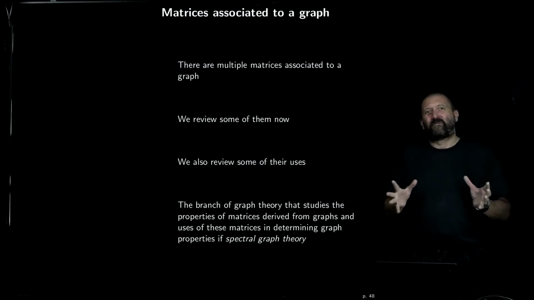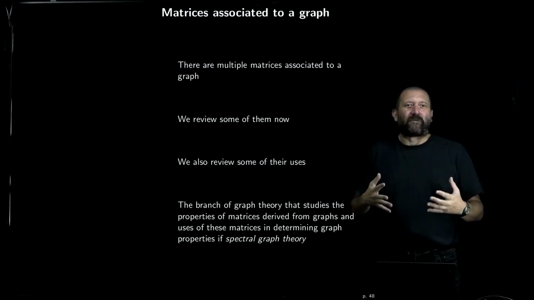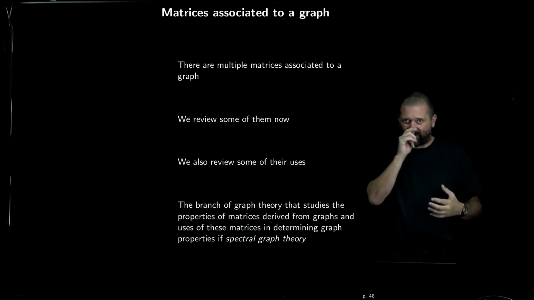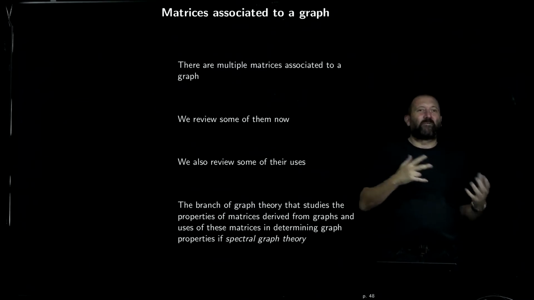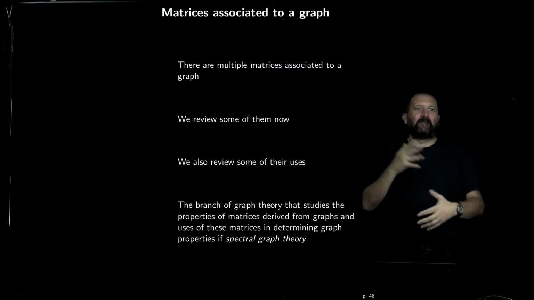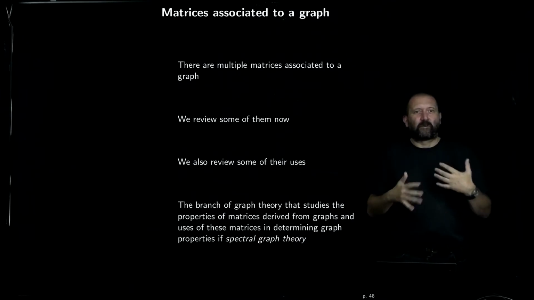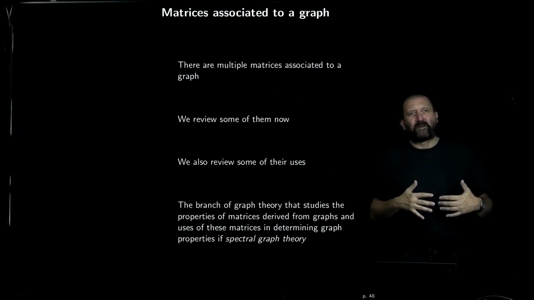Studying the properties of matrices associated with graphs is what is called spectral graph theory. Okay, so it goes both ways, as I will show you. The idea is that you can look at a graph and derive a matrix from it, and from the properties of a graph you obtain properties of a matrix.